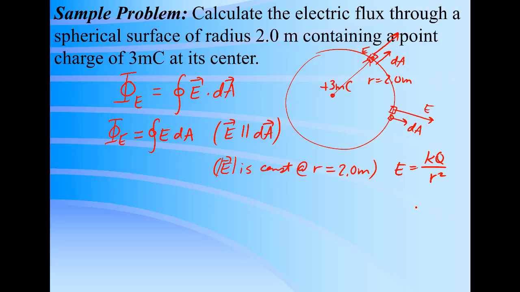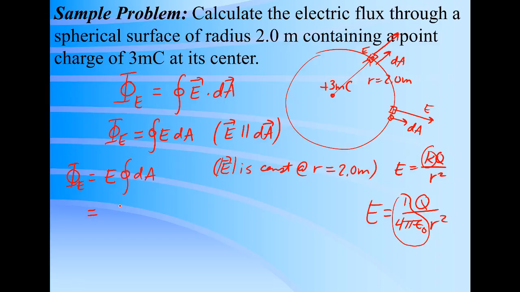This means that if E is a constant, it can get pulled out of the integral to turn into E integral dA. Now, we're going to write this slightly differently, where instead of k, let's write the electric field as Q over 4 pi epsilon naught r squared, because that's what k is, 1 over 4 pi epsilon naught.